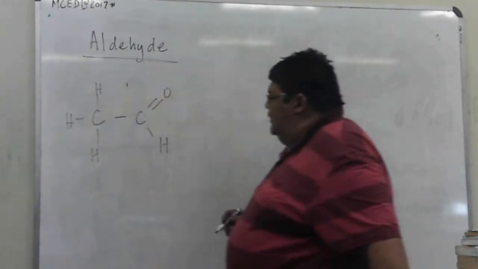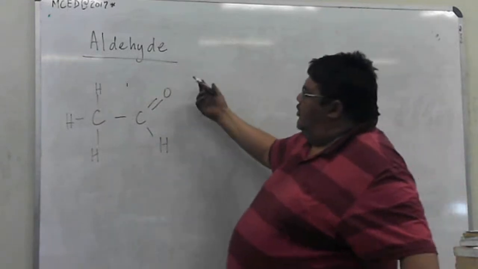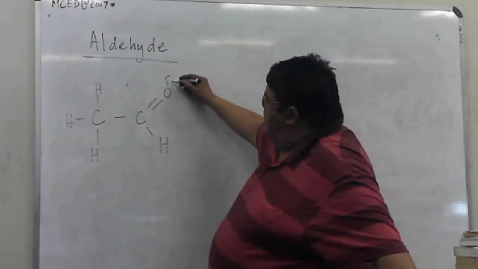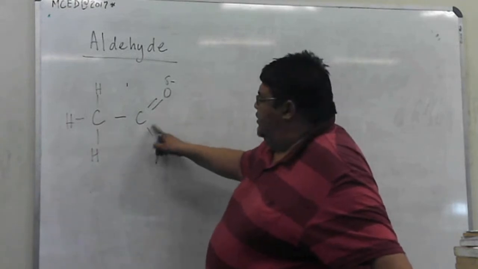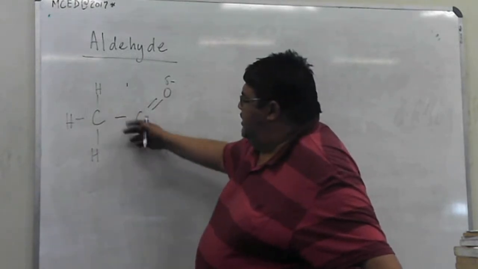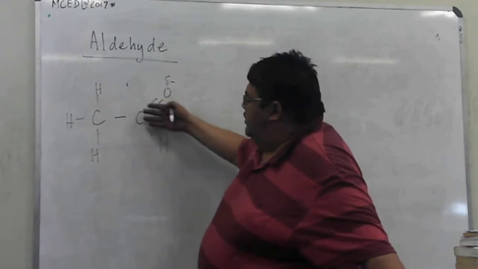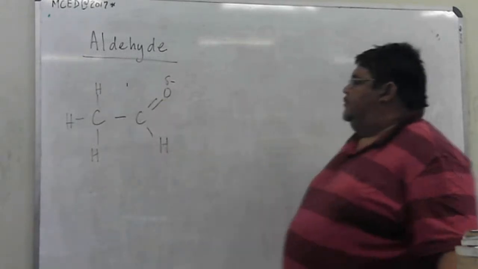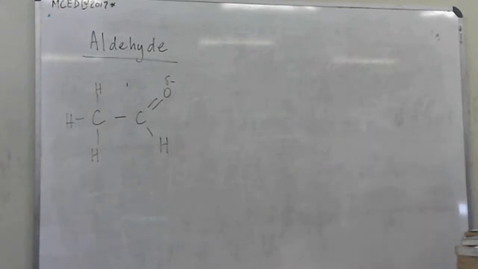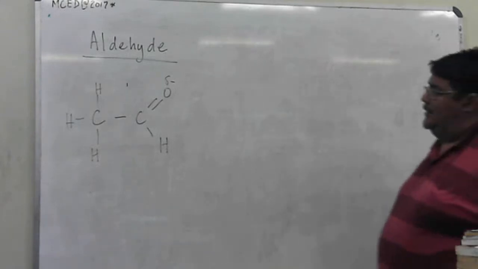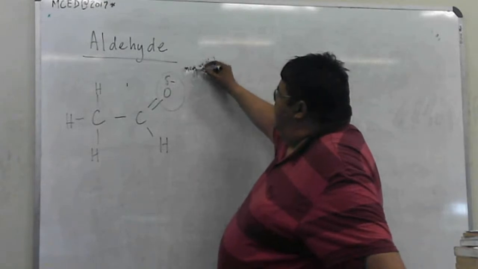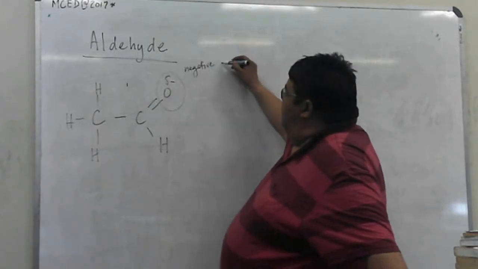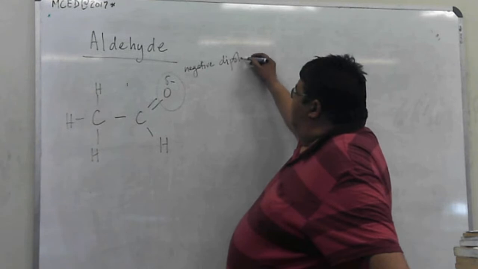And we already learned from looking at carboxylic acid that this is slightly negative and the slightly positive disappeared over here because of the electrons that share the impact of that positivity. So I've got what we call a negative dipole moment.